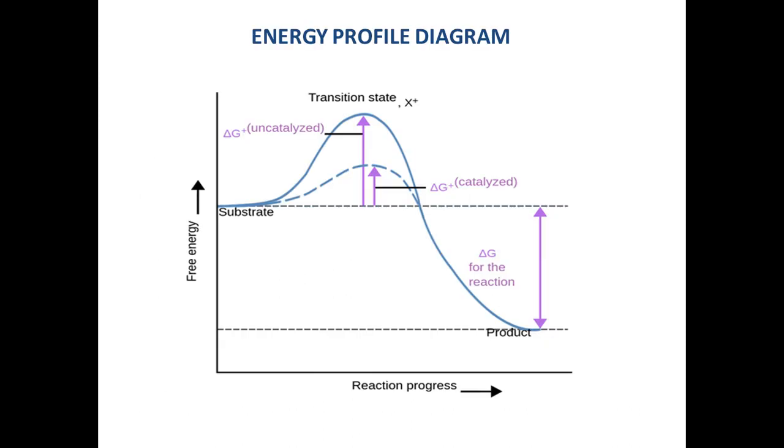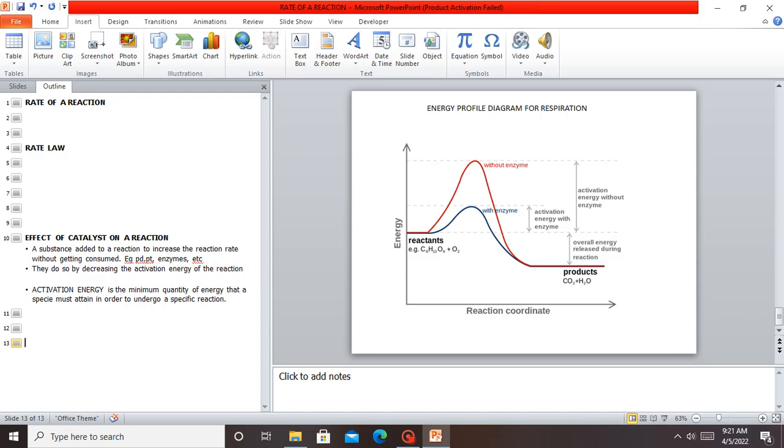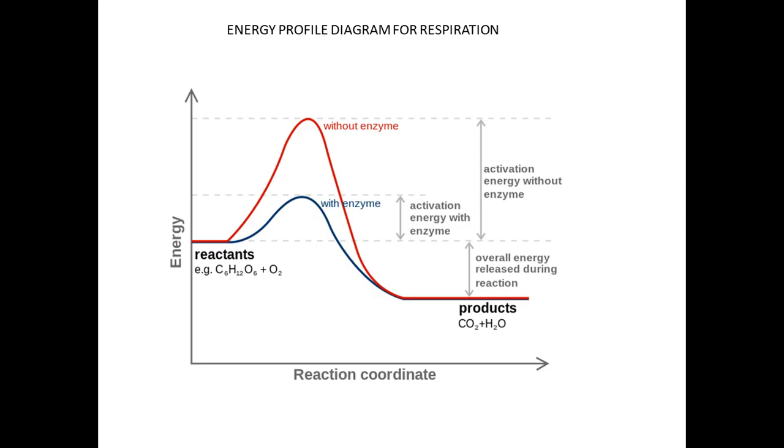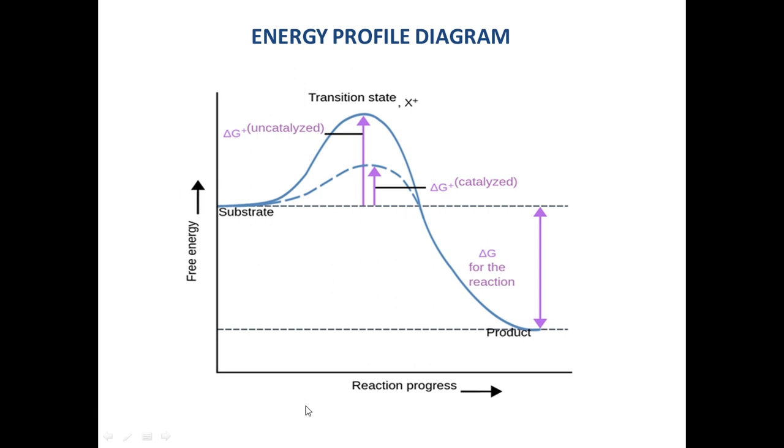So let's have this energy profile diagram, which shows the energetics of a chemical reaction, and involves the plot of the free energy in the system against the progress of the reaction.